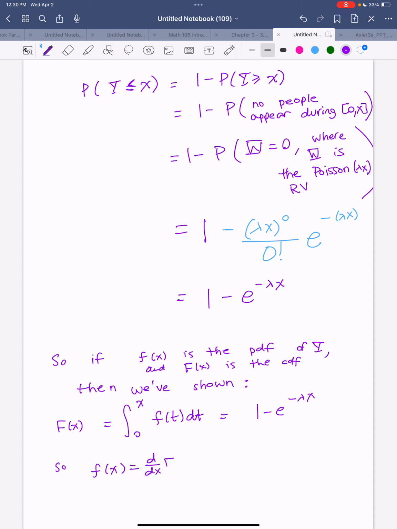It'll be the derivative of our CDF, the derivative of 1 minus e to the minus lambda x. And that's just going to be lambda e to the minus lambda x. So we've computed our PDF by deriving our CDF and then taking the derivative of it, because the derivative of the CDF is our PDF. Okay.